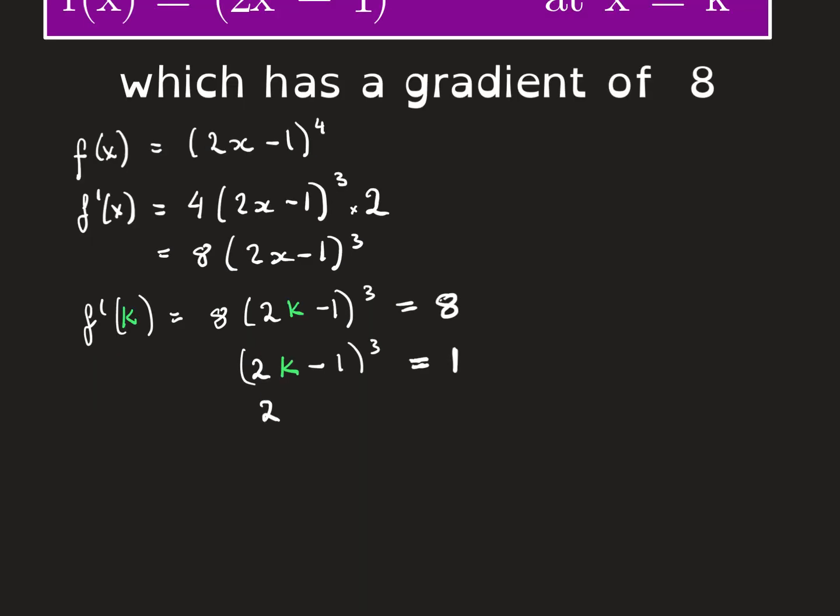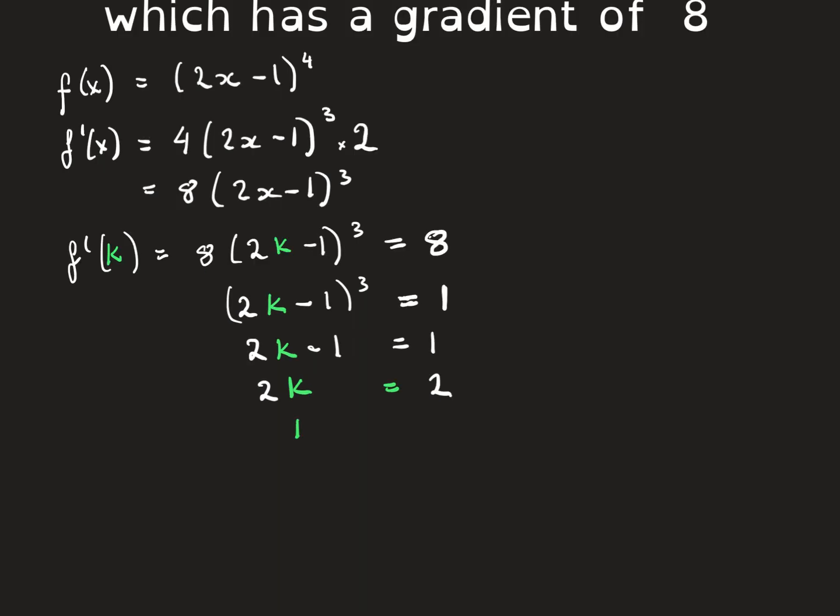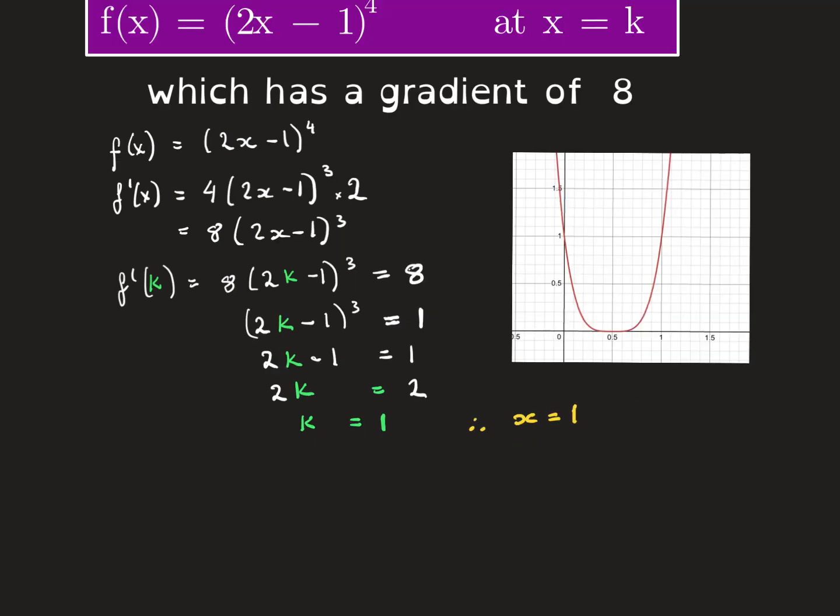And this implies that 2k − 1 is equal to 1, which further implies that 2k is equal to 2, which gives the k value equal to 1. And therefore x is equal to 1.